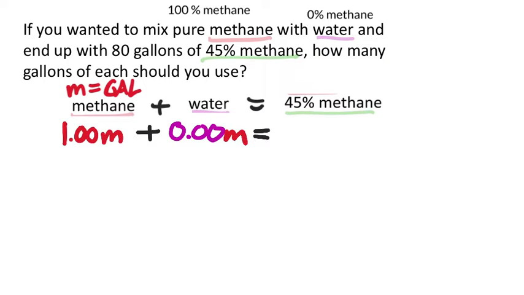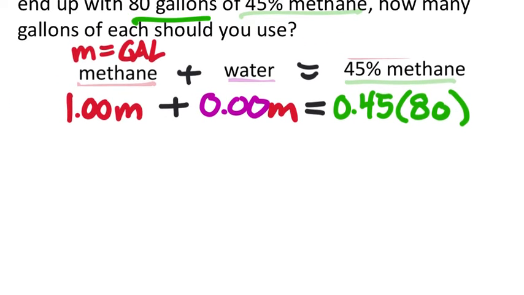So the 45% methane, of course, that's a 0.45. And it did tell us as well that it wants that to be 80 gallons. So I'm going to have to multiply that by 80. So let's rewrite this equation. All I mean by that is I'm going to take the 0.45 times 80. So 0.45 times 80, enter, and that would be 36.